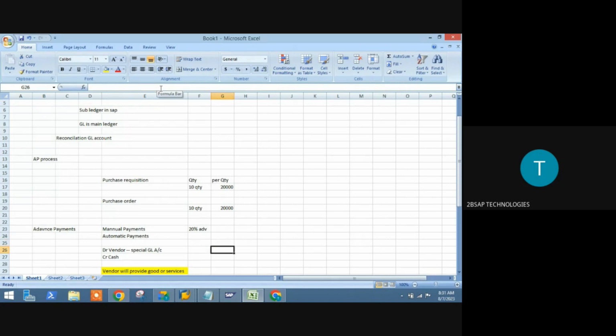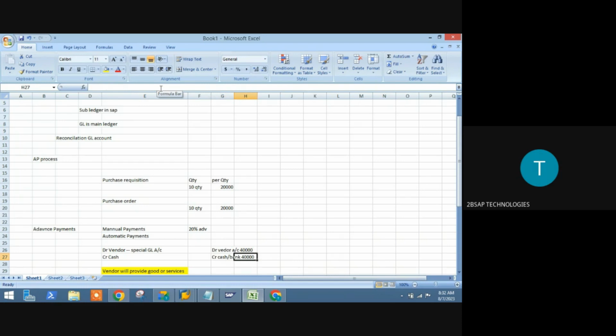So here it is going to be debit vendor account 40,000 and credited to cash by bank 40,000. Here, if you are using direct cash by bank account, this is what.